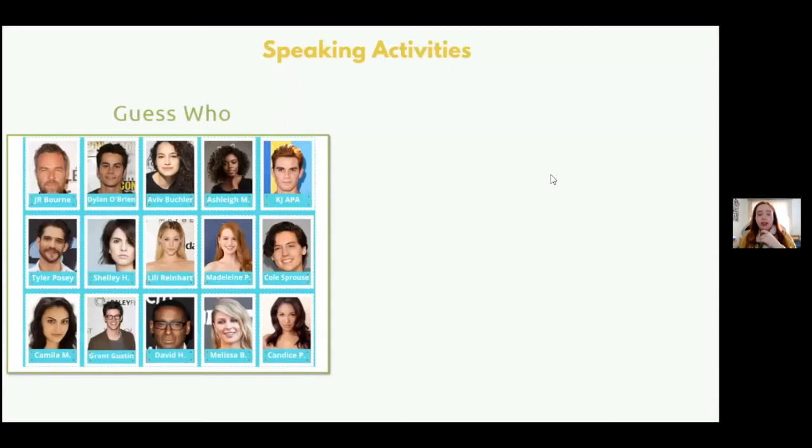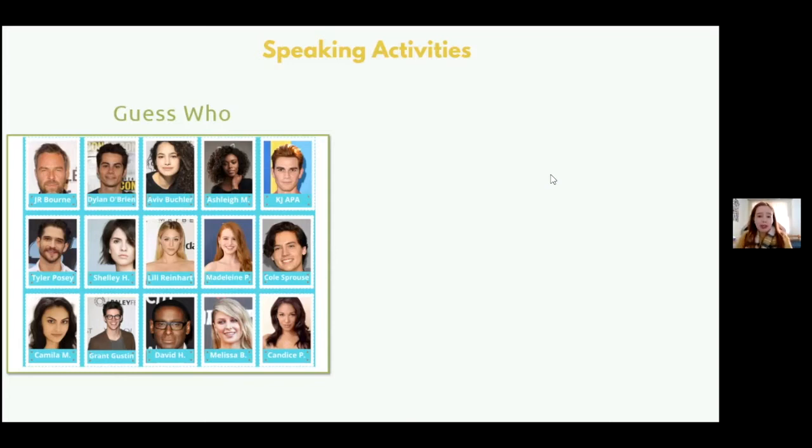Another one is adapting speaking activities from the course books using the students' interests. The first one is a Guess Who game, because course books usually bring photos of famous people for students to describe and talk about when the vocabulary topic is appearance.